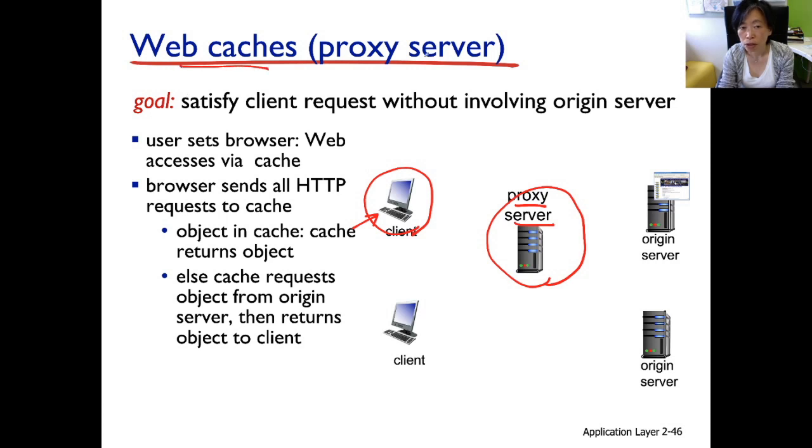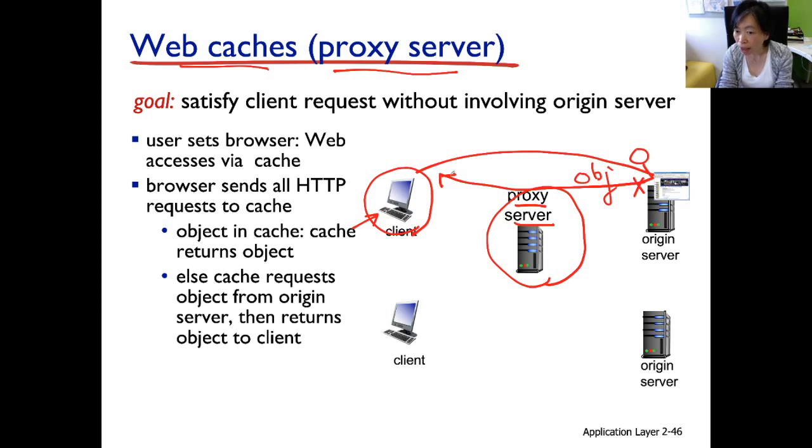Web cache or proxy server. And in conditional GET, we still need to send HTTP requests to the original server. It's just that the original server decides whether to send the object with it or not in the response. Sometimes yes, sometimes no. So we save a little bit of delay and bandwidth this way.